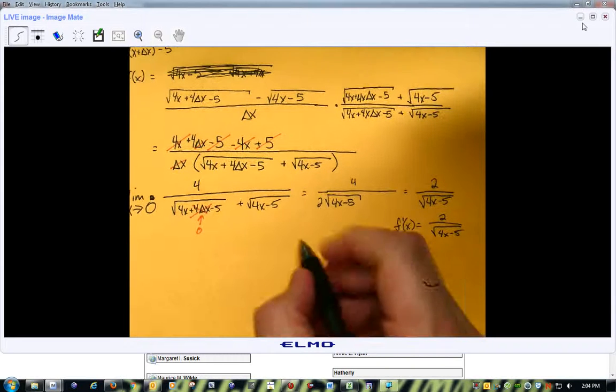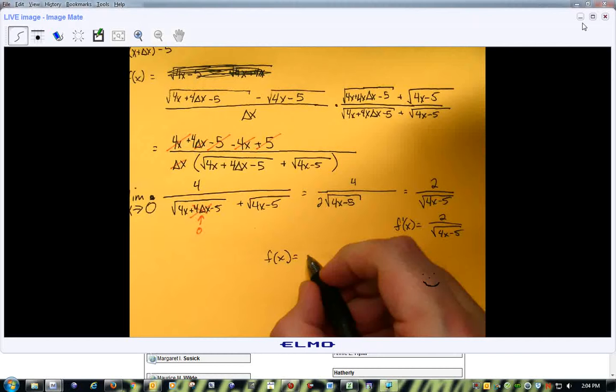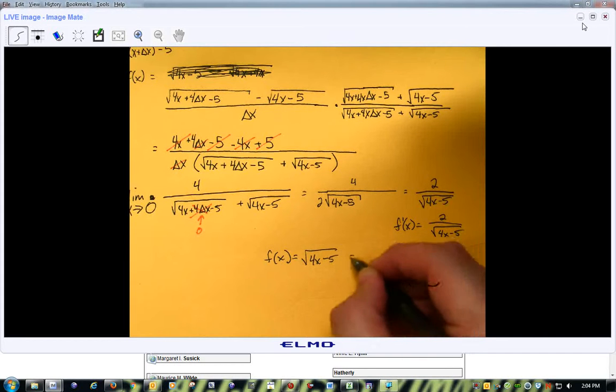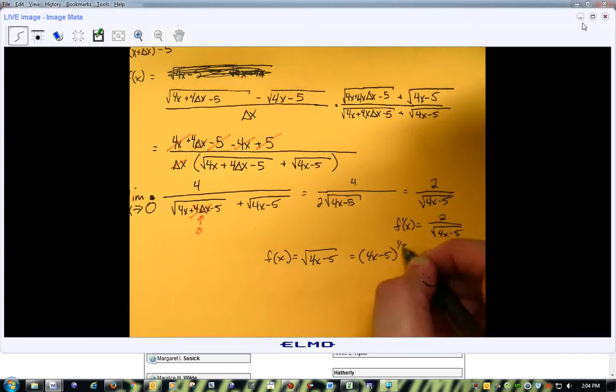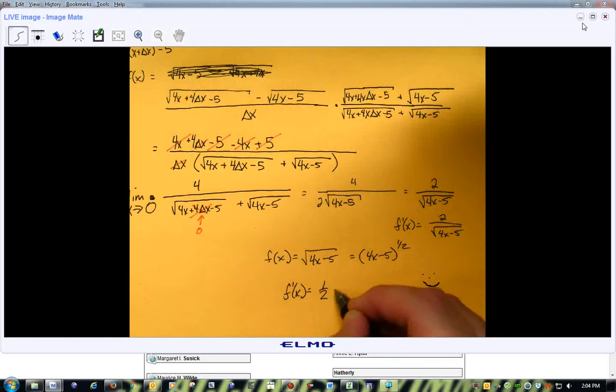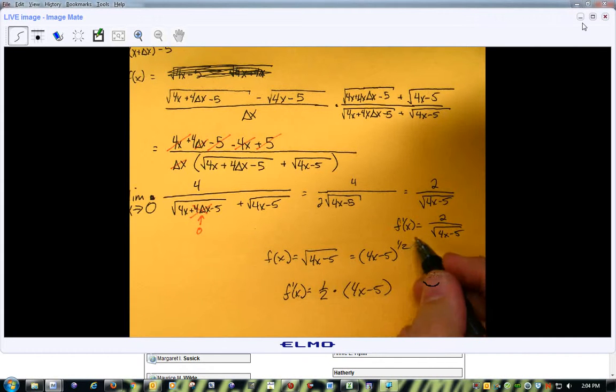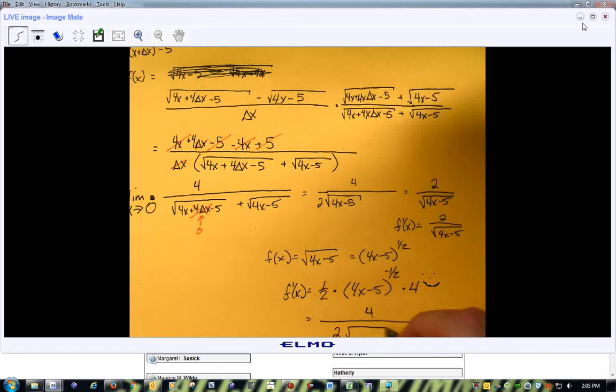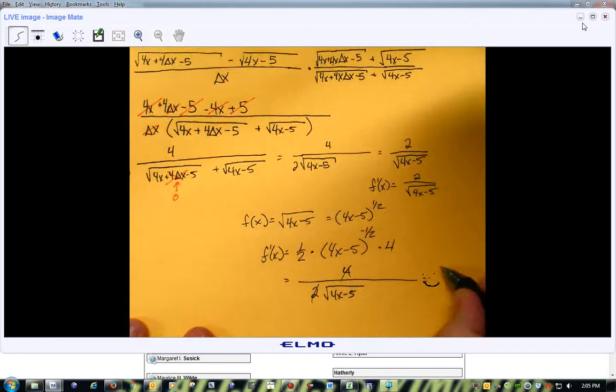So if f of x was equal to the square root of 4x minus 5, which is 4x minus 5 to the 1/2 power, f prime of x would be equal to 1/2 times the 4x minus 5 to the negative half power times the chain rule for 4x minus 5, which is 4, which is 4 over 2 times the square root of 4x minus 5, which ends up being 2 over the square root of 4x minus 5. Not factorial, but I'm just happy that I did it.